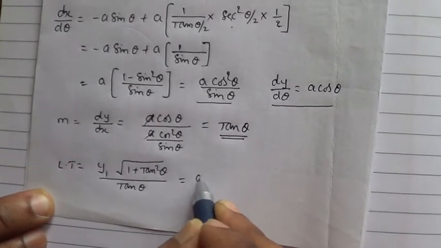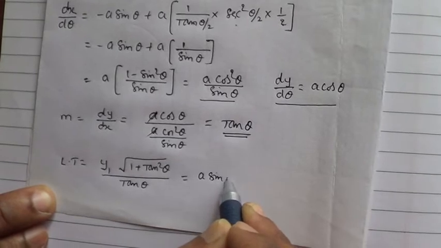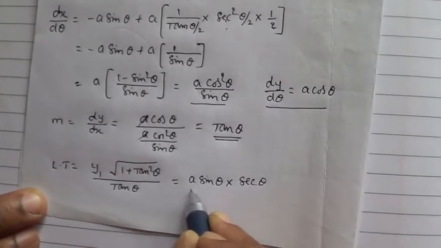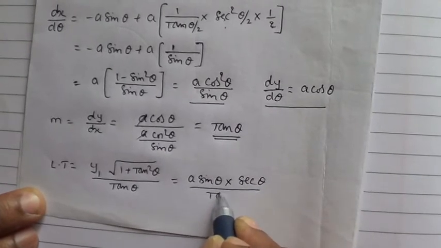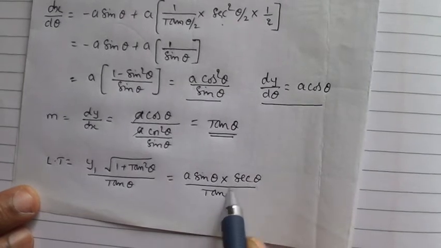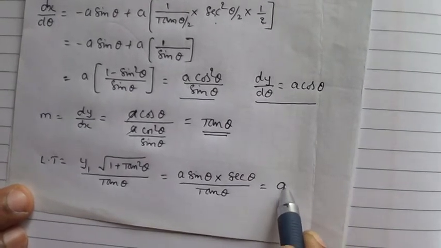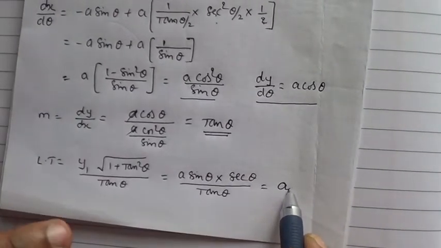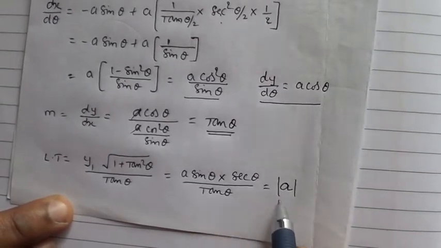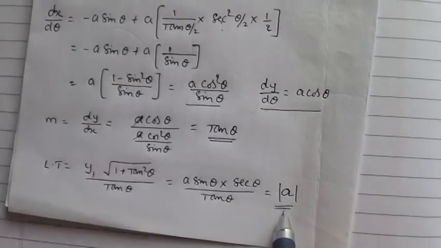Now what is y1? y1 is nothing but a sin theta into secant theta divided by tan theta, right? So tan theta cancels, we get the answer as a, because tangent length is always positive, that's why we are keeping it in modulus. So that is the answer for that particular question.